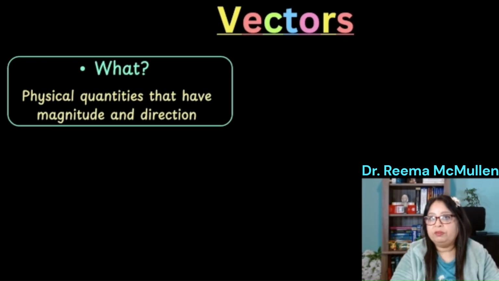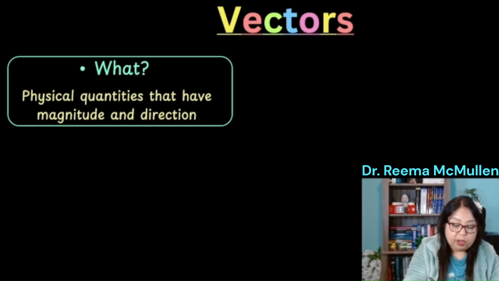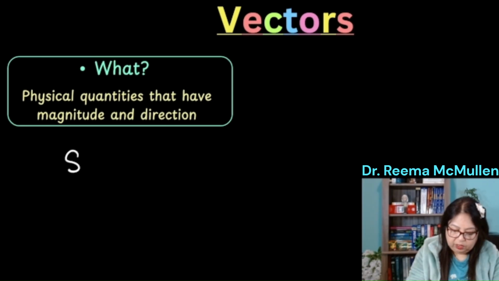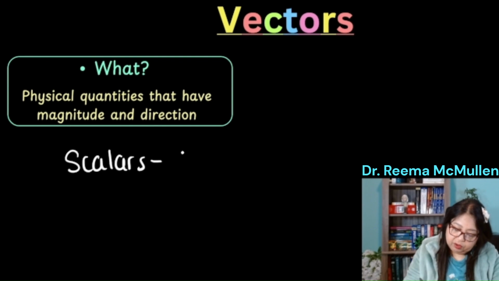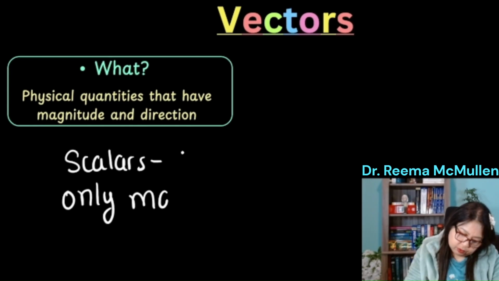So what are vectors? Vectors are physical quantities that have both magnitude and direction. In contrast to scalar quantities, scalars are physical quantities that have only magnitude.